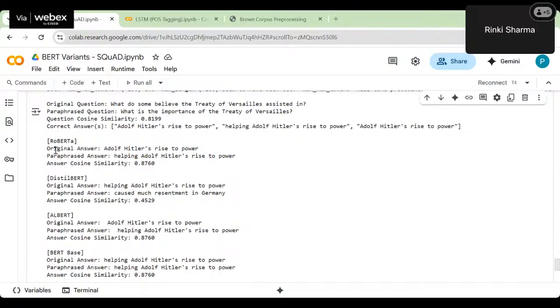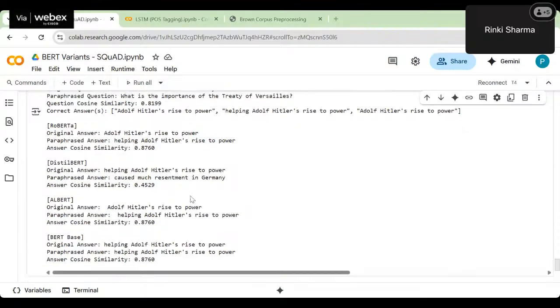So this shows us the power of the attention mechanism of the transformer based models, how strongly they capture the meaning, that on paraphrasing also they are able to predict the answer correctly. Instead of learning the lexical structure or memorizing what the question is in the data set, the model learns the meaning of the question or the given context. So this is the attention mechanism of these models. These models are actually very good.